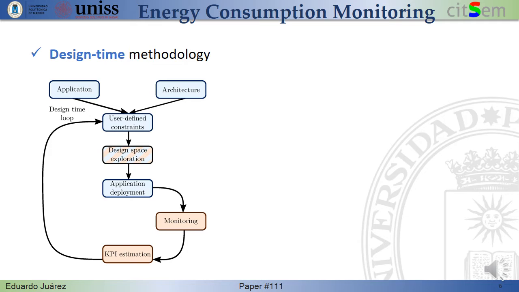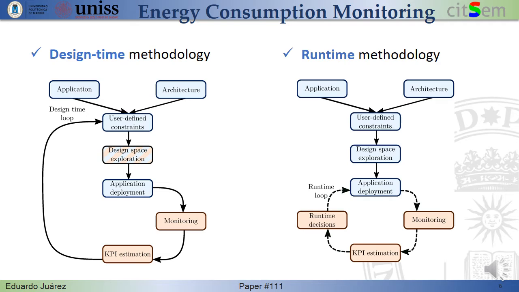As far as the runtime methodology, SPiDER is a runtime resource manager that has been designed to support runtime reconfiguration of dataflow applications. The different blocks composing the runtime optimization loop that can be seen in the figure are: first, monitoring. PAPIFY is used to retrieve performance information on both timing and performance monitoring counters, PMCs, for each actor.